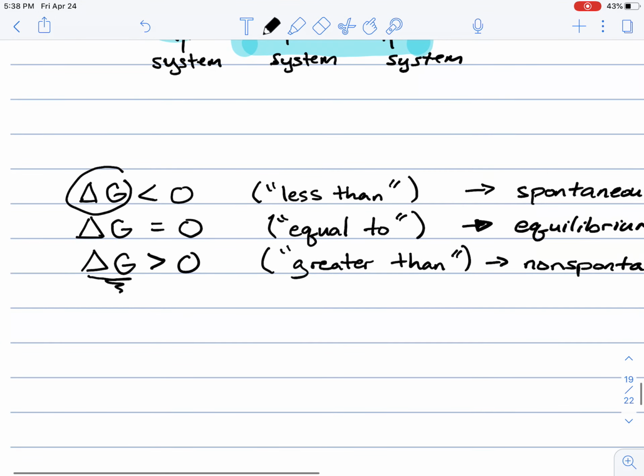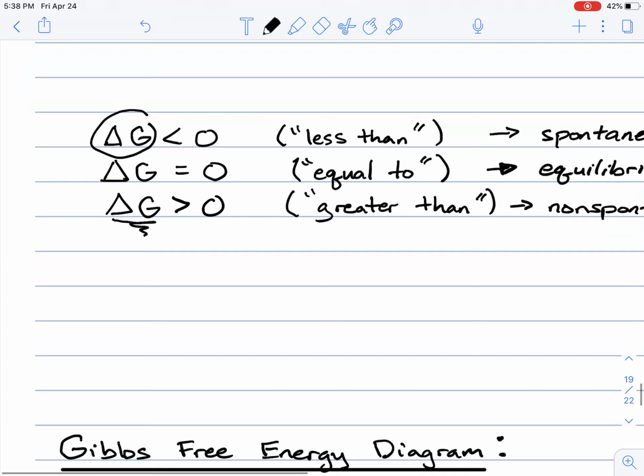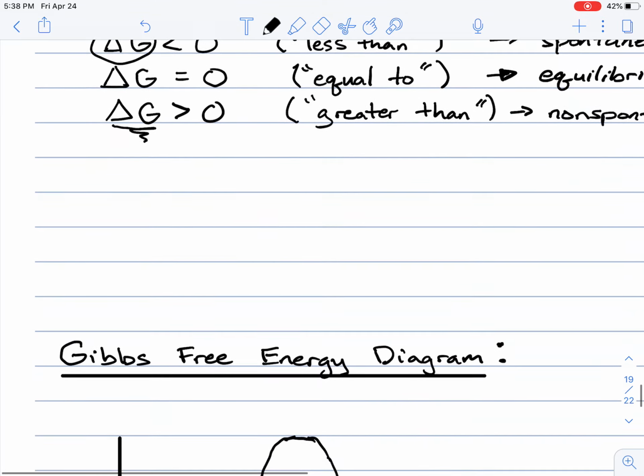Cool. So the next thing that we're going to do is visualize this. And this is known as the Gibbs Free Energy diagram. The Gibbs Free Energy diagram is going to be very similar to the potential energy diagram that we talked about in kinetics.